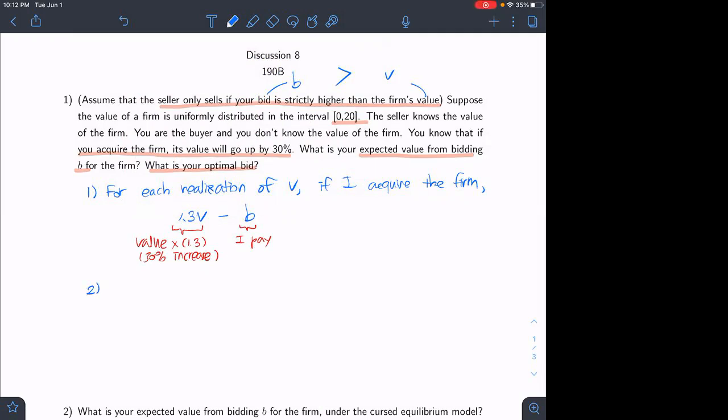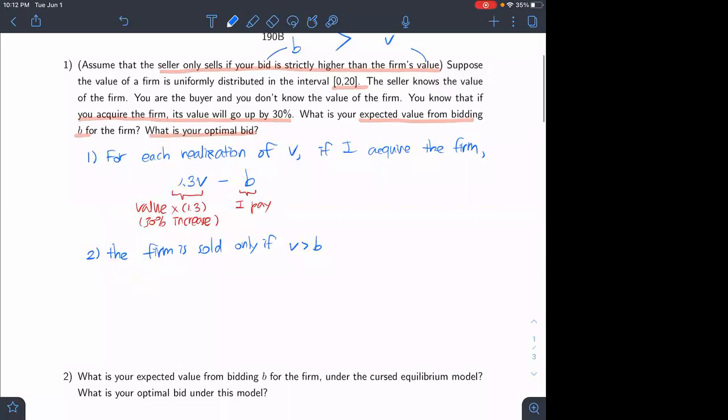And then the firm is sold only if V is greater than B. So if I draw the realizations of V, the value, and suppose that I bid B, then this is the range of V's for which the firm is sold.